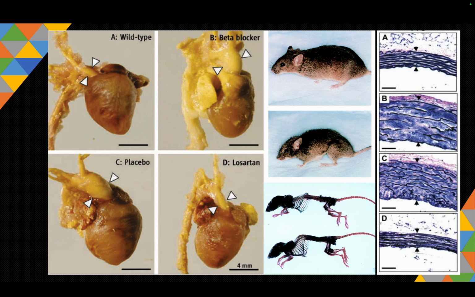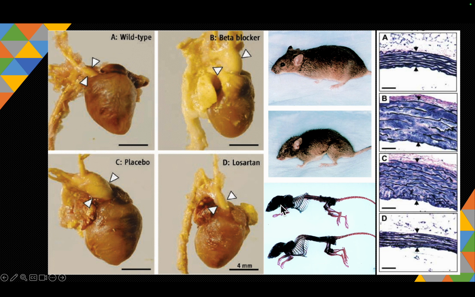And there is one study which was done on losartan in mice, and what they did was they used this losartan to prevent dilatation of the aorta, and you can see in placebo that this is the dilatation of the aorta and loss of fibril, and this is deep.